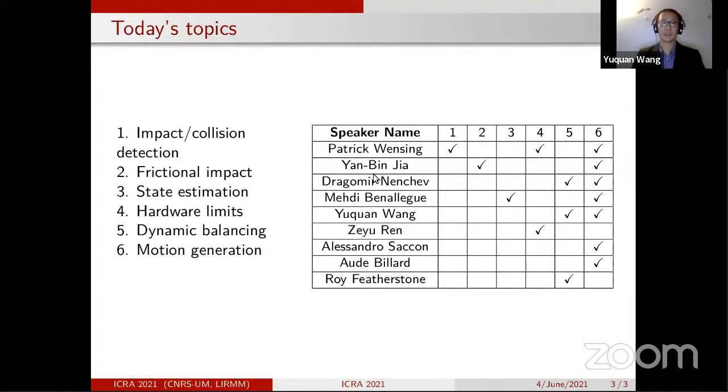Humanoid robots are fragile in many aspects, such as the fragile motors and the harmonics. Zeyu and Patrick are going to cover the hardware aspects. The dynamic balancing will be touched by Professor Nanchiv and Roy Featherstone, and also myself. And all of us are going to focus on high dynamic motion generation from the control perspectives.